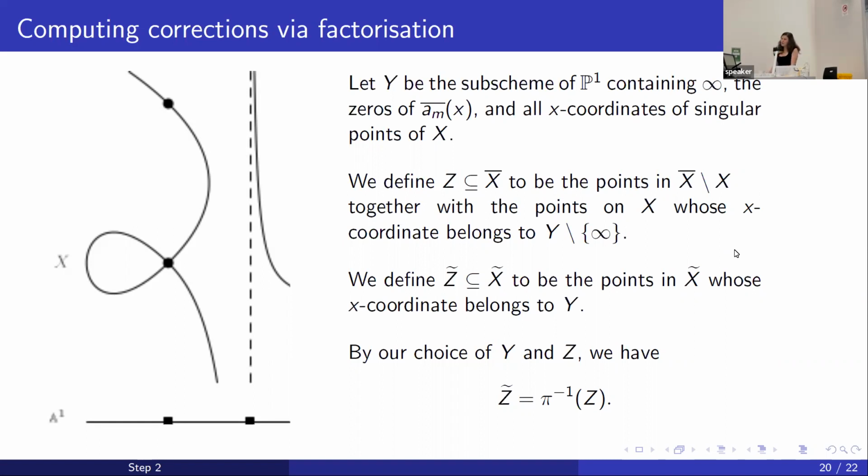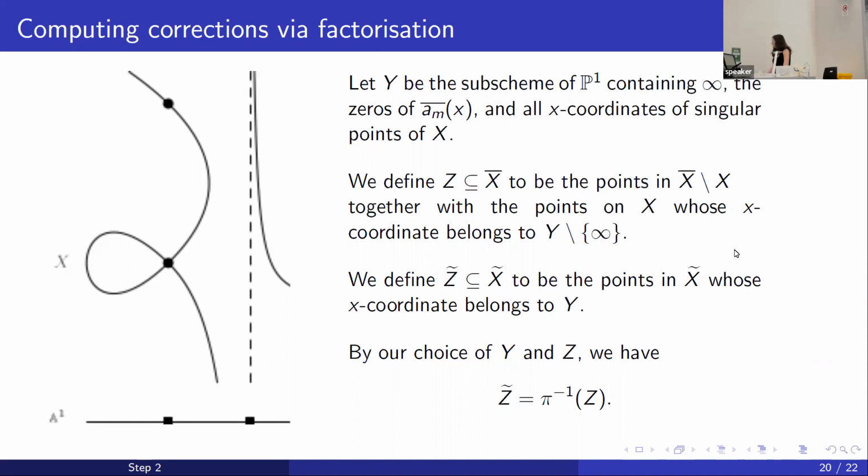The subscheme y of the projected line can be computed by calculating the resultant of the input polynomial bar f with each of its partial derivatives. The subscheme z of bar x can be computed from that set of bad points y. Instead of bad points y, we represent the bad points as irreducibles in the variable x.